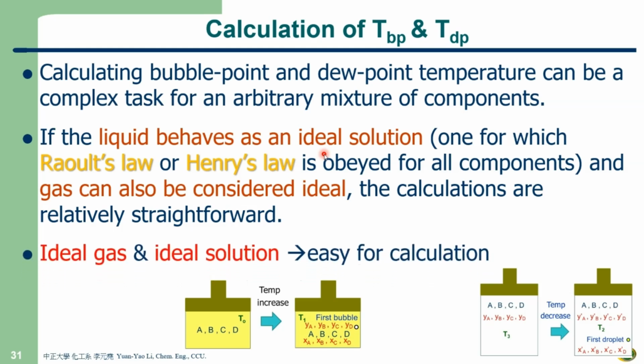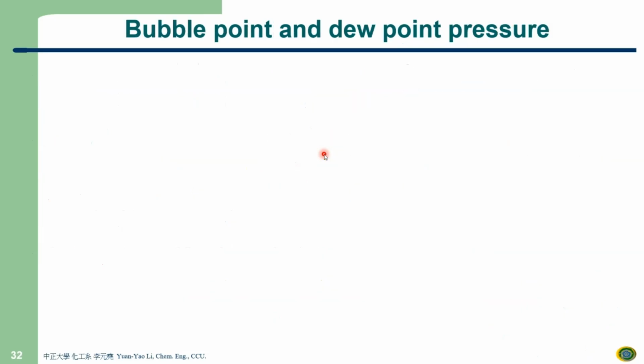So it's important to realize that now you are using an easy way to solve the problem, using ideal gas and ideal solution. So we use Raoult's law and Henry's law.